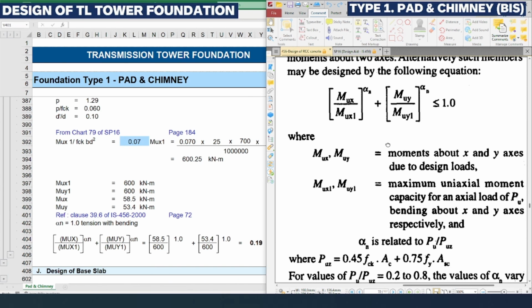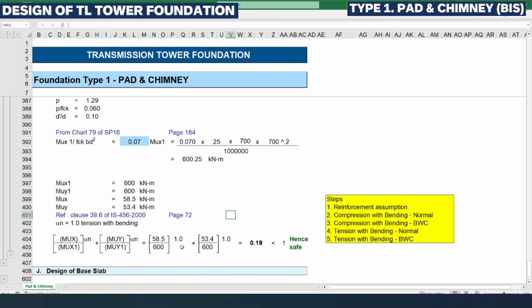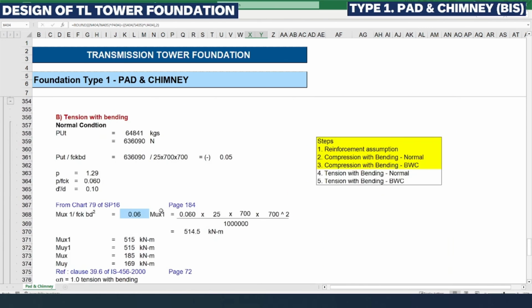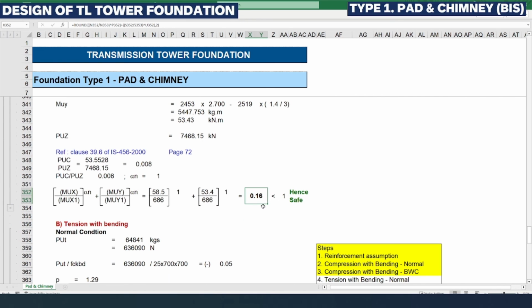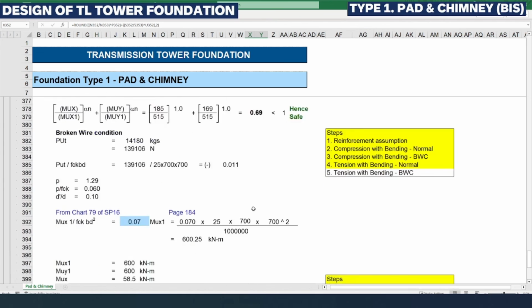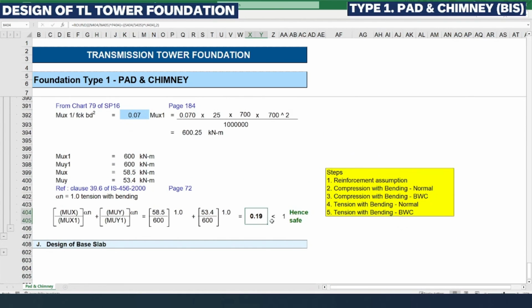The same equation we are going to apply for tension with bending. So here it is coming 0.19. Again you can check with the broken wire condition for combined compression and bending. So it is 0.16, but here it is 0.19. Again it is a little bit higher interaction factor.